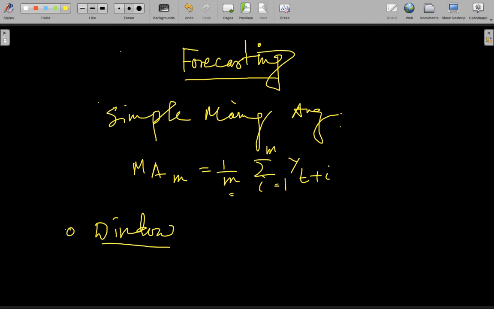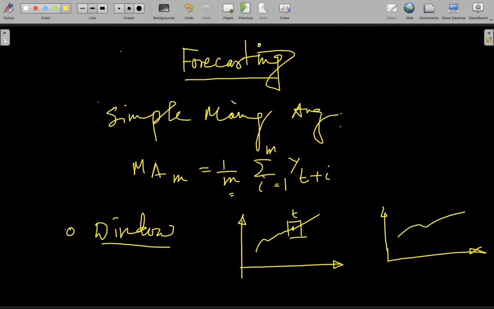Now there are two types of windows. One is a centered window, and the other is a trailing window. In a centered window, suppose this is my time period t, the window I will take is on both sides. So t is in the middle, whereas in case of a trailing window, if this is my time period t, I'll take all the time periods previous to t.